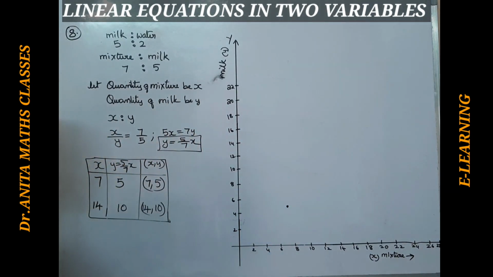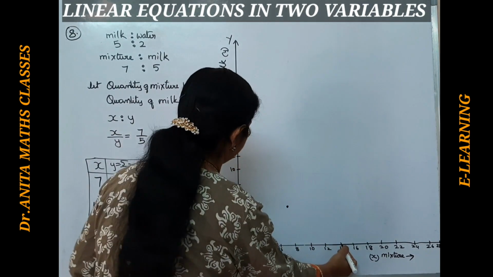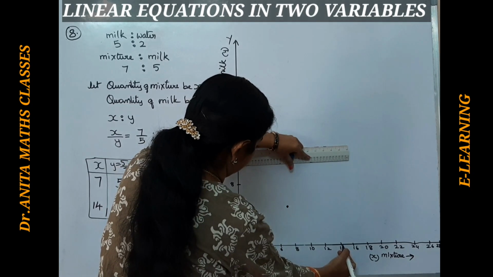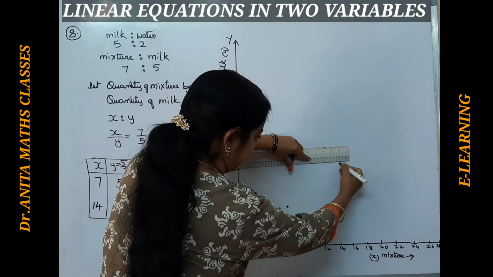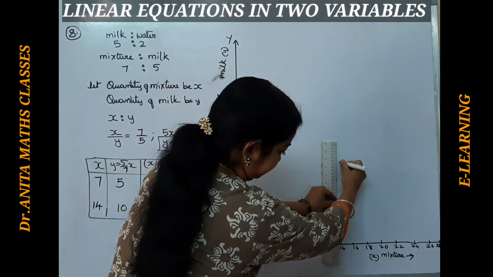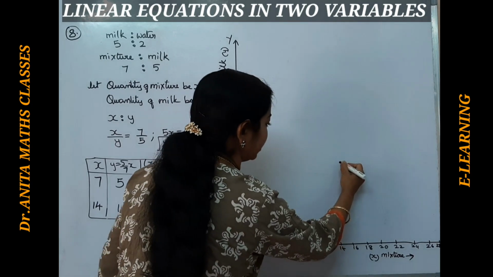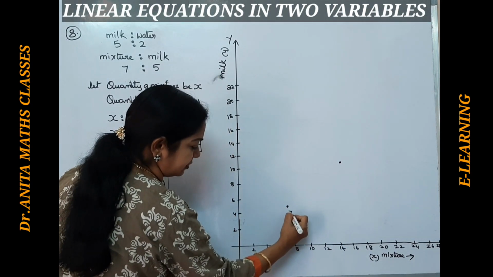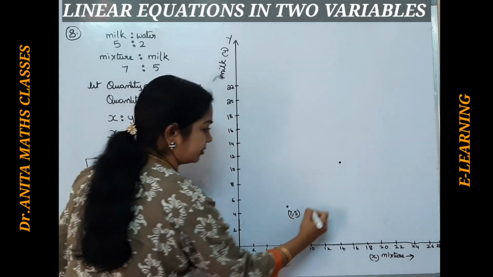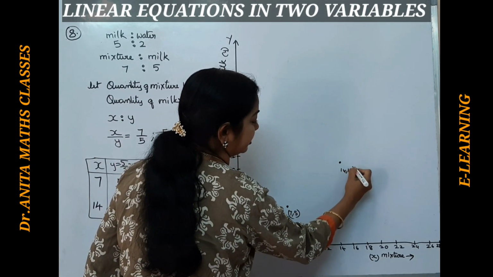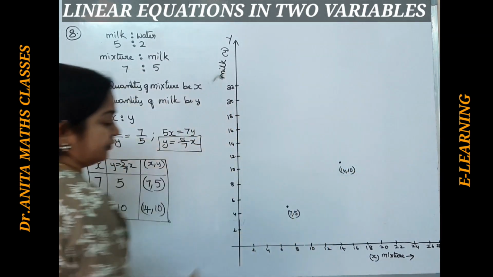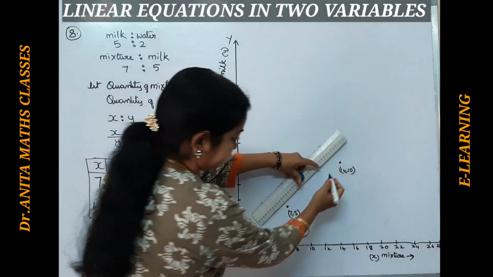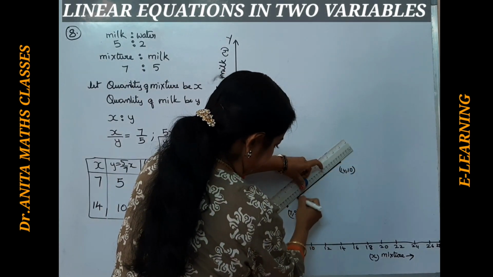Now 14 comma 10, 14 on x and 10. So this is 10 and 14, right. So this point. So this is 7 comma 5 and 14 comma 10. These are the points. So if we join them, you get the linear equation.